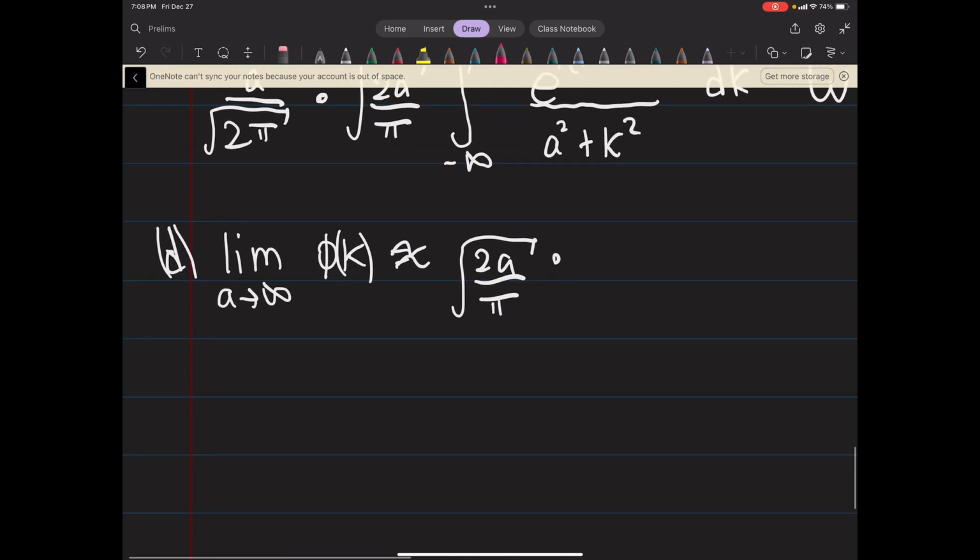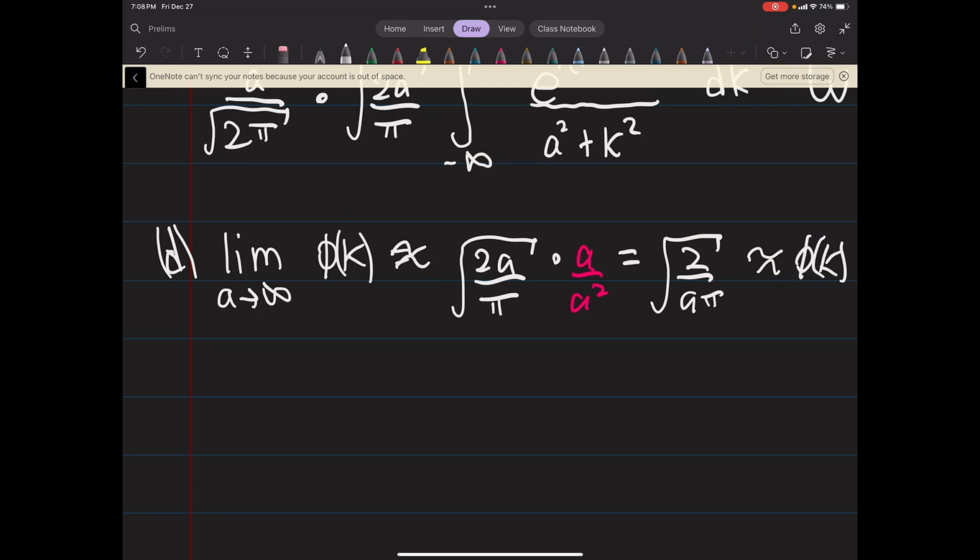So it's essentially a over a squared, which is 2 over a pi, square root, which is our approximation. I think this is the approximation that they're looking for.